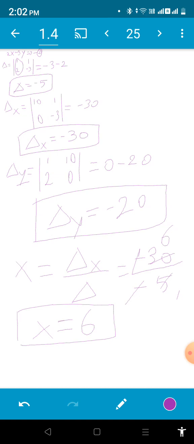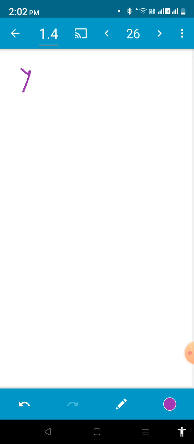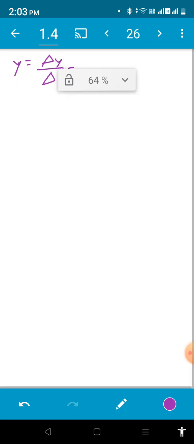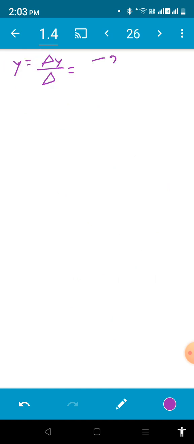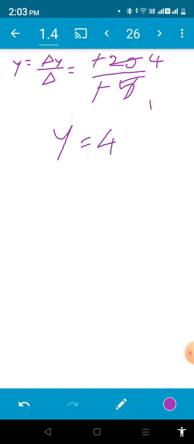Then similarly, y is equal to delta y divided by delta, which is minus 20 divided by minus 5. So y is equal to 4.